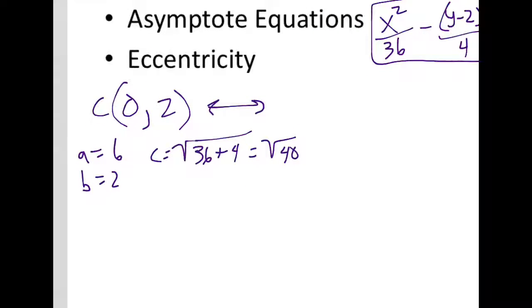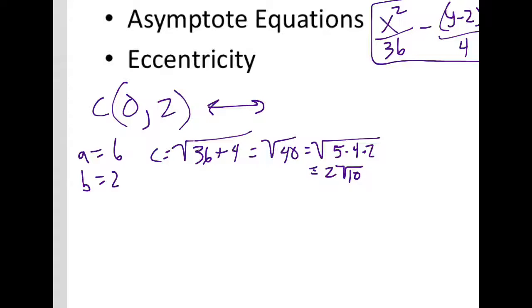How can we simplify that? Well, let's see. How can we break 40 down? 40 is going to be 5 times 8, and 8 is 4 times 2. So let's say that 40 is 5 times 4 times 2, which then means we can simplify this as just 2 root 10, which we should get a number for.